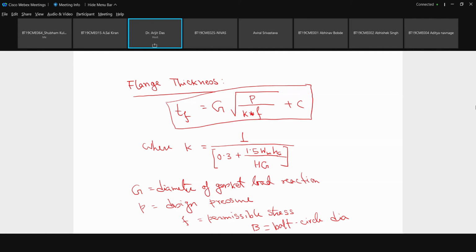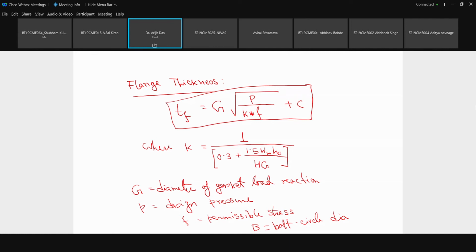G is the diameter of gasket, load reaction. So I will explain all this. You just write down the formula for the time being. What is the gasket load reactions? What is the HG, WM?